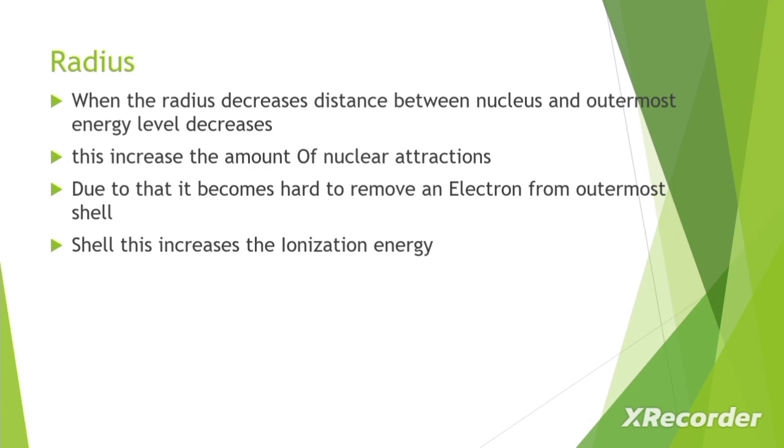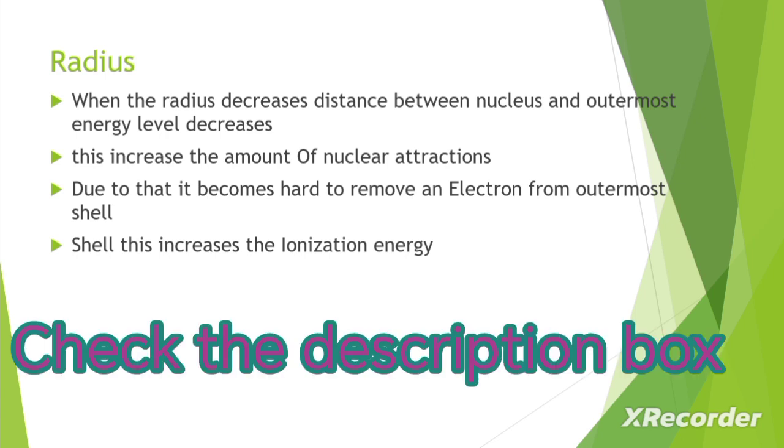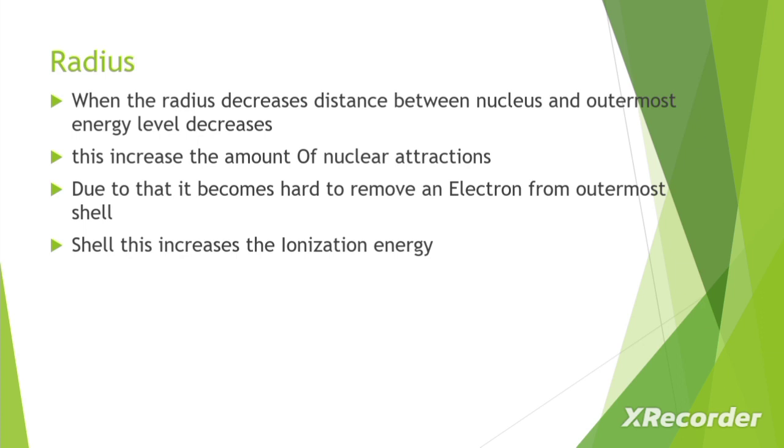We know that when radius becomes low, attraction from the nucleus to the outermost energy level increases. That means nuclear attraction increases. When nuclear attraction increases, those electrons are bound to the nucleus tightly, right? Then it is hard to remove electrons from the shells.